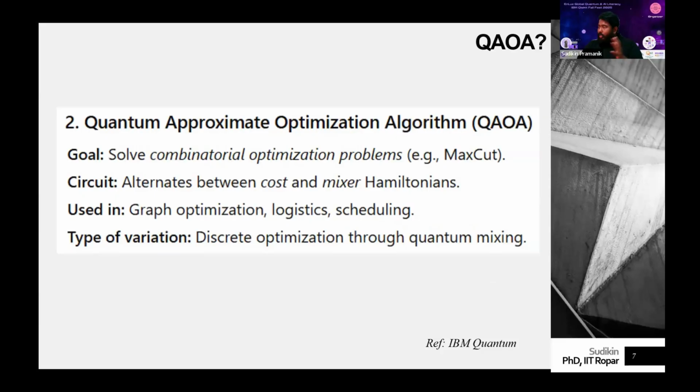Now, QAOA is another QVC algorithm, which is used to find routes or the best combinations possible. Suppose you have 3-4 points and you want to cover all of those. How will you create a network between them so that you can finish it in a faster and more efficient way is determined by algorithms like QAOA.